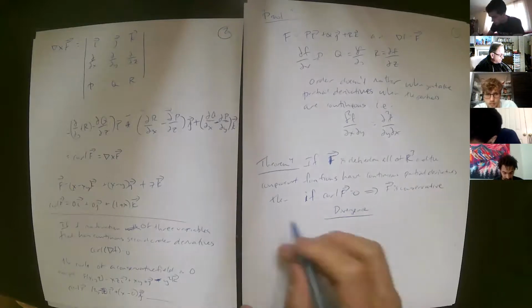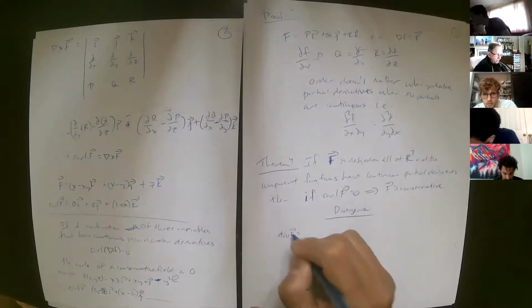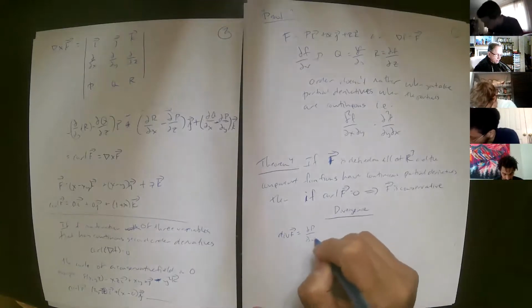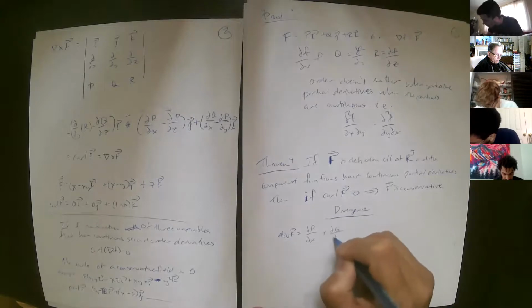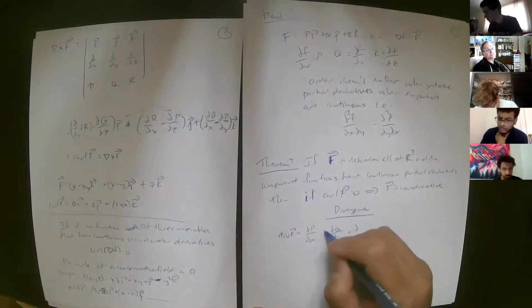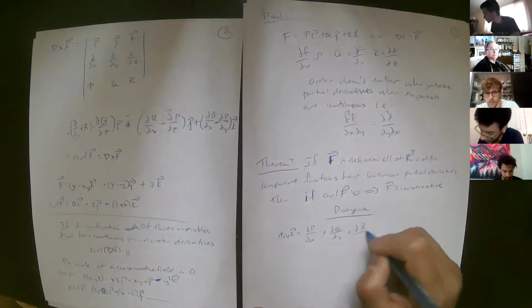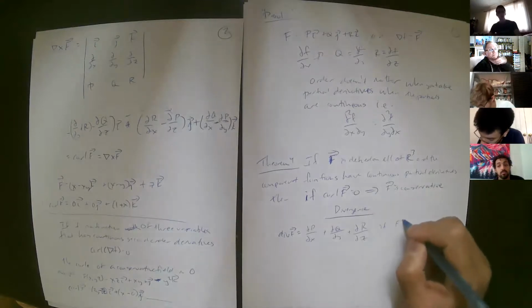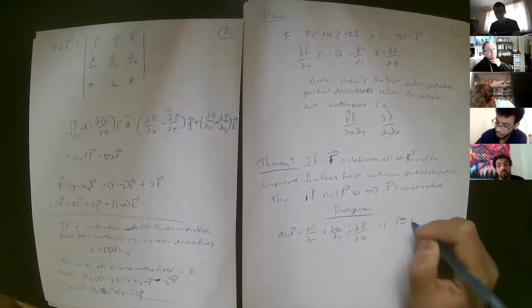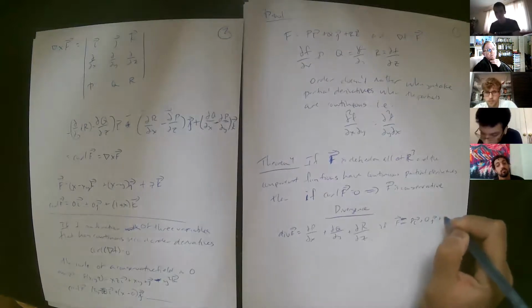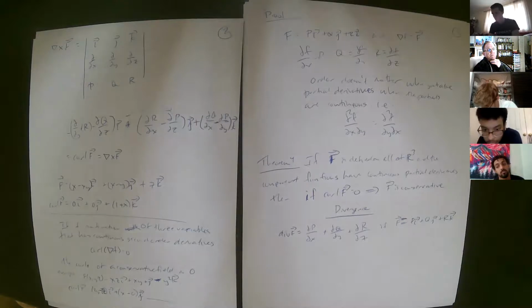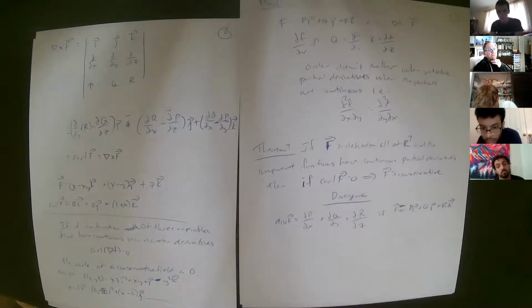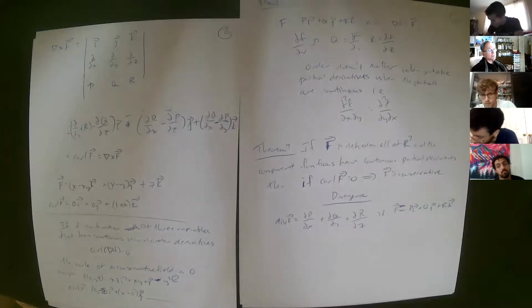The divergence of a vector field, div f, is equal to dp dx plus dq dy plus dr dz, if f is equal to pi plus qj plus rk. Any questions? It's very easy to compute.